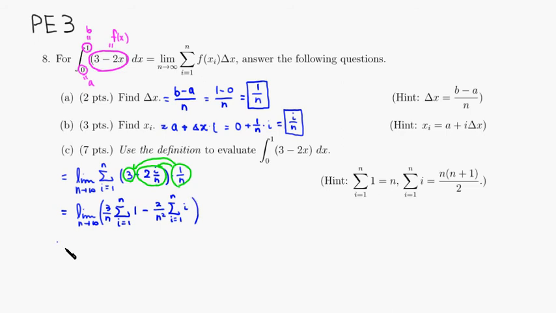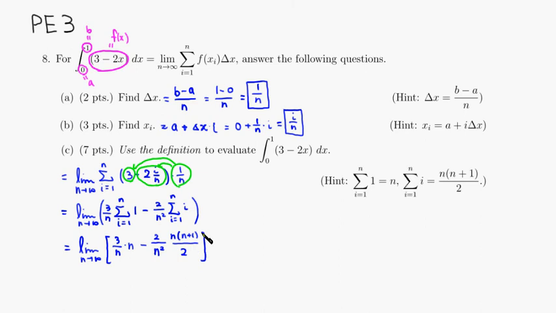Then we know that we have a formula for these summations. So you have a limit as n approaches infinity. You have a 3 over n, just a number in front, times the summation of 1, which is n, so it's multiplied by n, minus 2 over n squared times the summation of i, which is n times n plus 1 over 2.